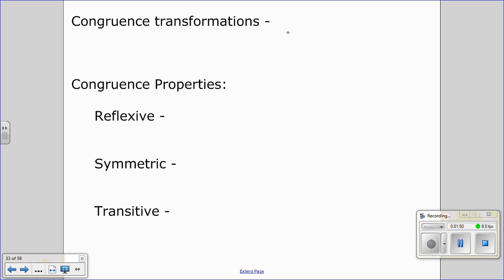Now we're going to talk about the congruence transformations. You should have been introduced to transformations in your past. And there are basically 4 types. Of those 4, there are 3 that will remain congruent. You have reflections. You have translations.